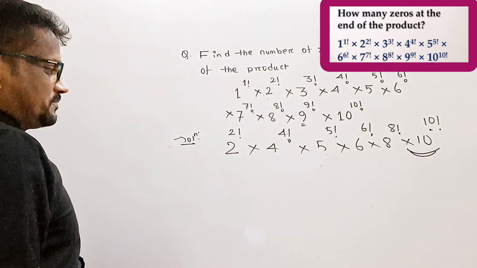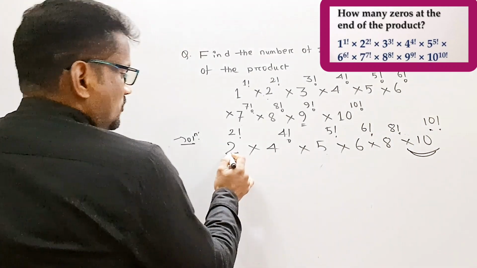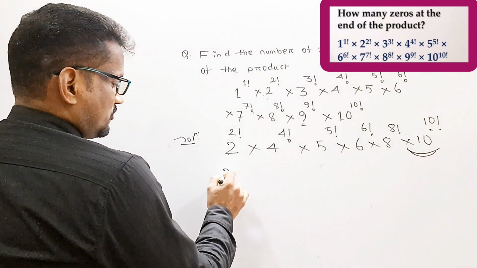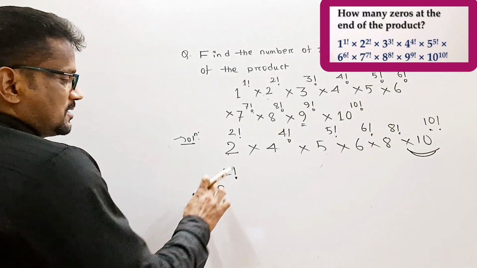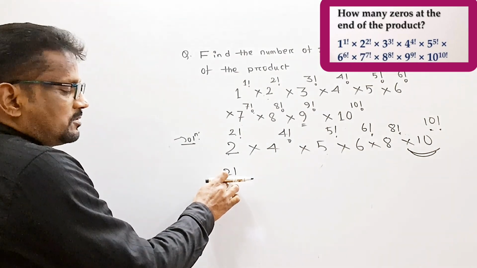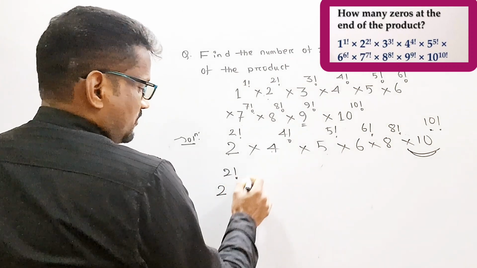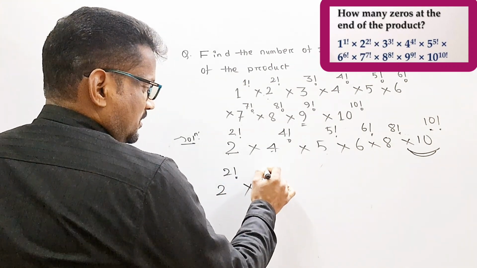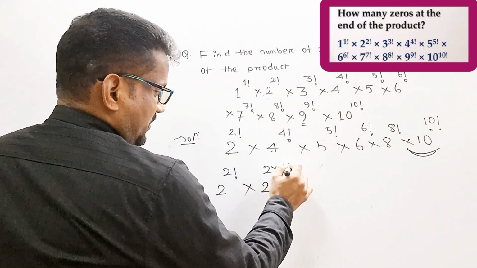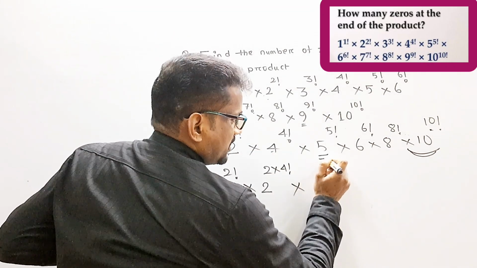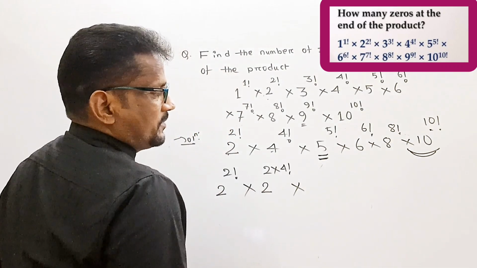Next part. Now come here. 2 to the power 2 factorial. How many 2's will we get? Factorial 2 number of 2's is here. Now this 4 is nothing but 2 square, that is 2 to the power 2 into 4 factorial. For some time we are not taking this 5.